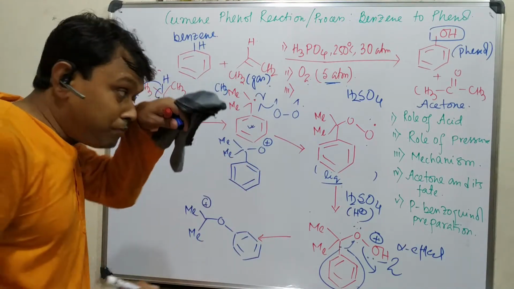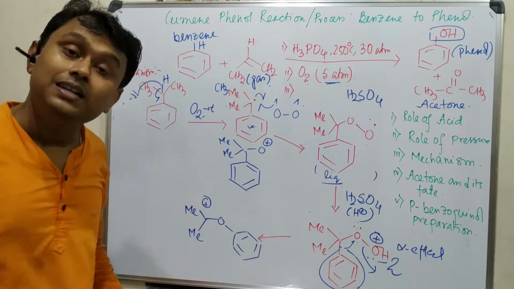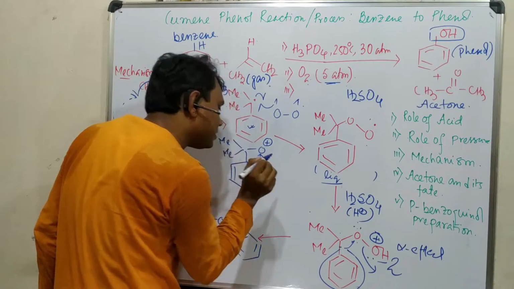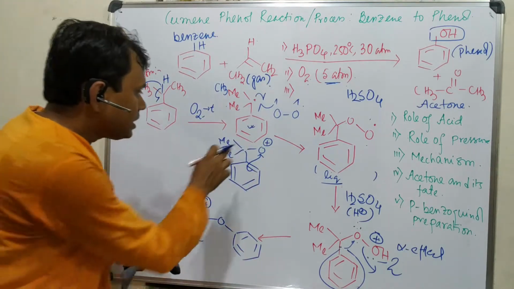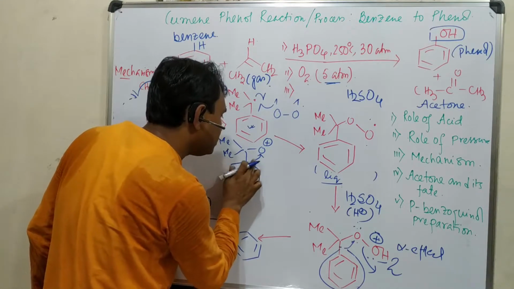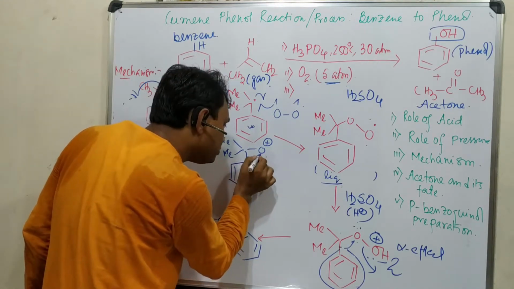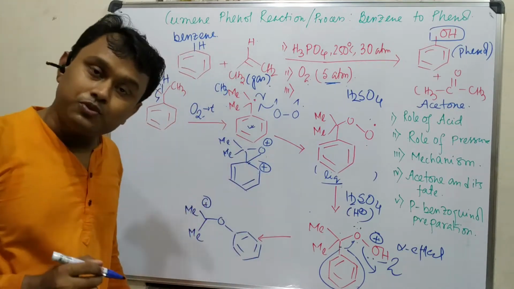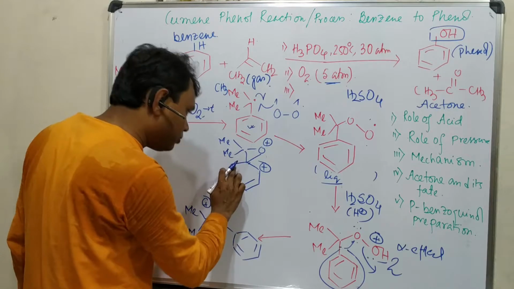Why is phenyl more efficient for this migration? Because this pi bond attacks here. Consequently, this bond will break, and there will be a bond formation here, and the positive charge is here, and that positive charge is resonance stabilized throughout this benzene ring.